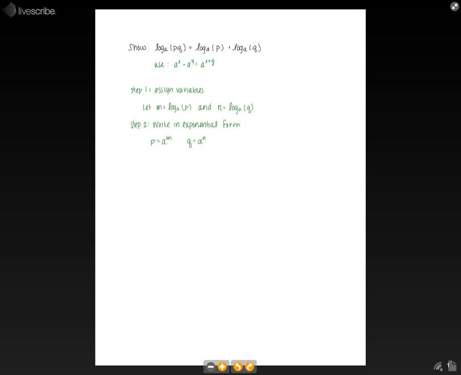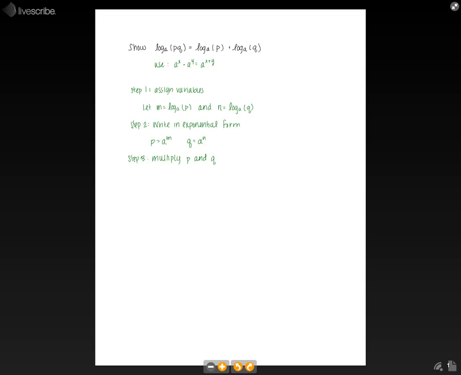Alright, so now we know that we are trying to solve for log a of p times q. So step 3 is going to be to multiply p and q.